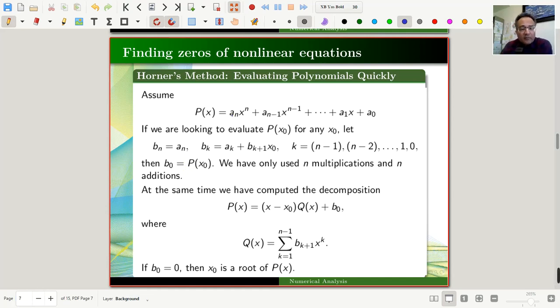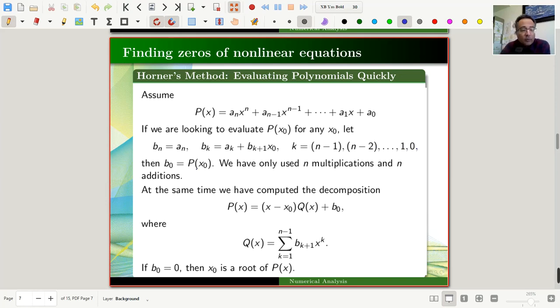Let p of x be a polynomial of degree at most n. Now, if we want to find p of x0 for any x0, we let bn equal an, and we construct a sequence bk equal to ak plus bk plus 1 times x0 for k equal to n minus 1, n minus 2, n minus 3, down to 1 and 0.